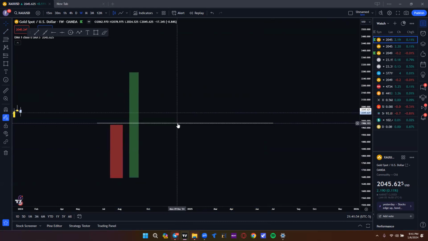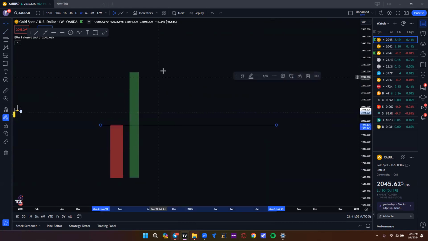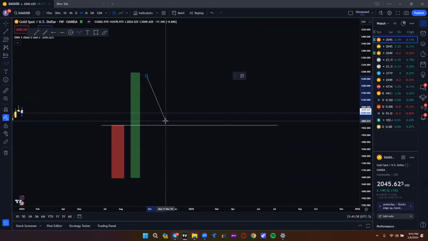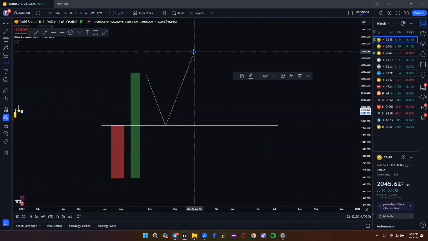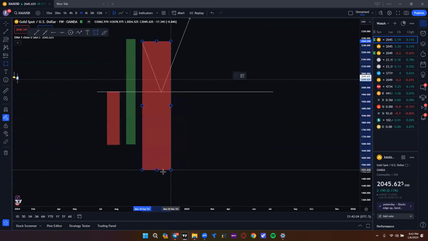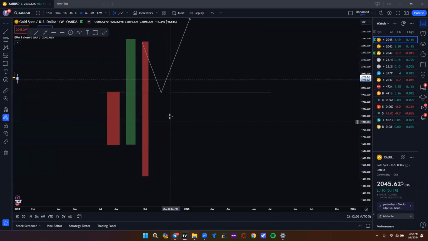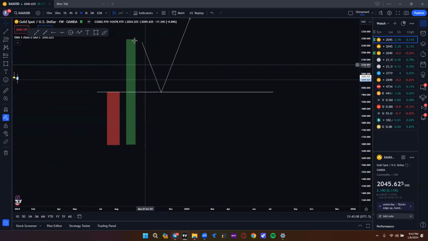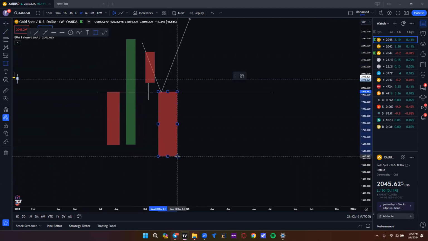Well, I told you that you want price to come back to this level here, and then you'll buy. But we can't say that it's not going to just break and continue going down. Or what can happen is you get something like this, and then price breaks.